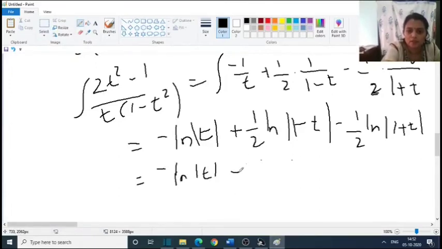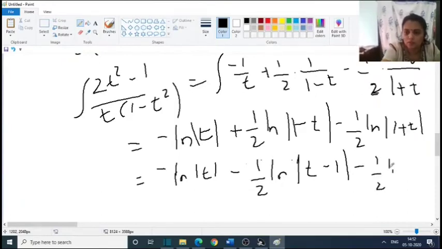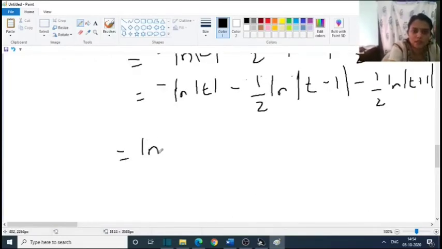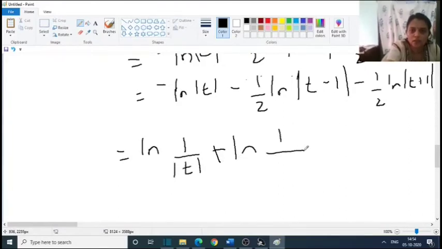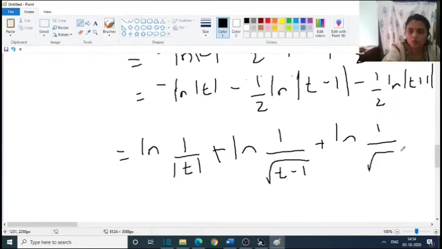By making 1 by 2 into ln mod of (t minus 1), minus 1 by 2, there is no change here, but we could write this as t plus 1. So this is ln 1 by mod t plus ln 1 by root of (t minus 1) plus ln 1 by root of (t plus 1).